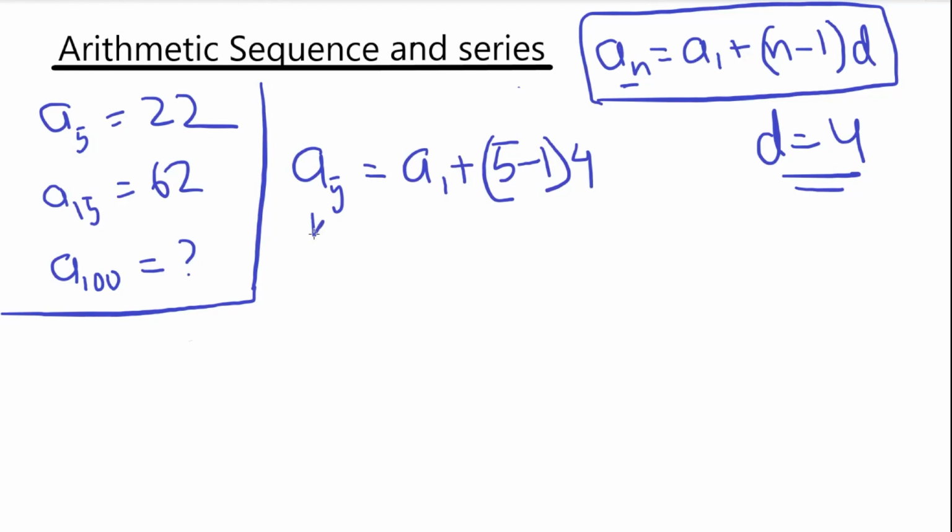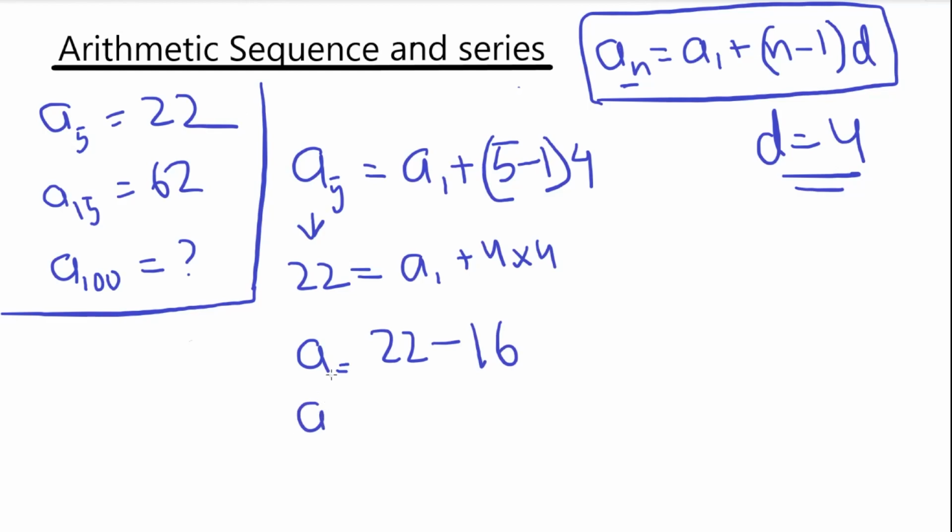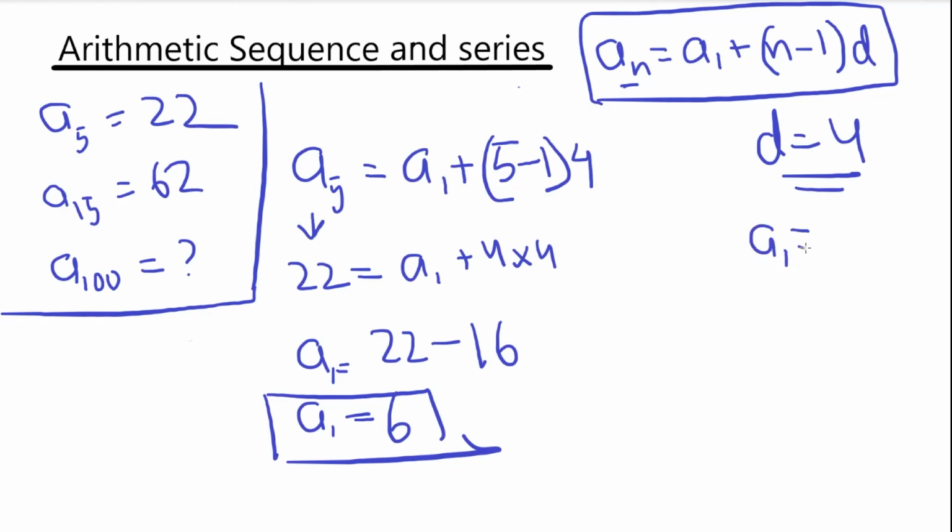We can put in the real value of a5, so 22 is equal to a1 plus 4 into 4. So a1 is 22 minus 16. So a1 is actually 6. So we have found a1 and we have found the common difference.